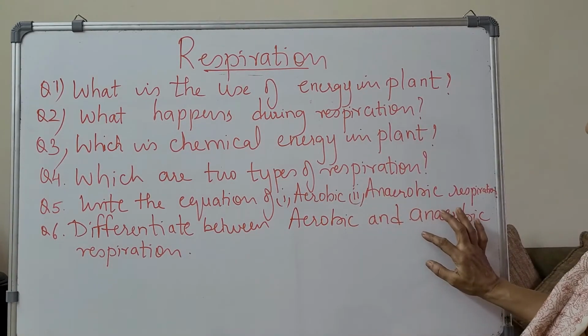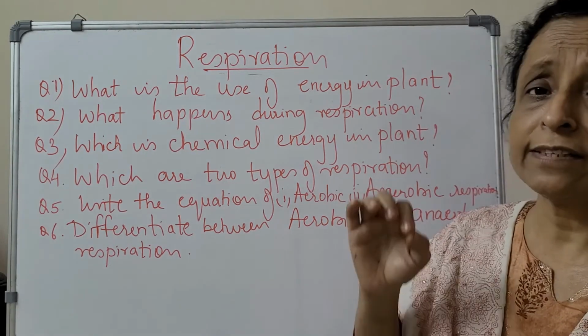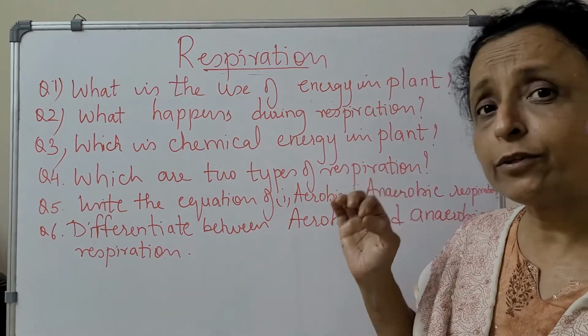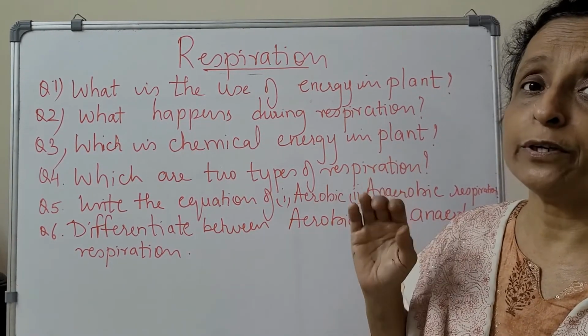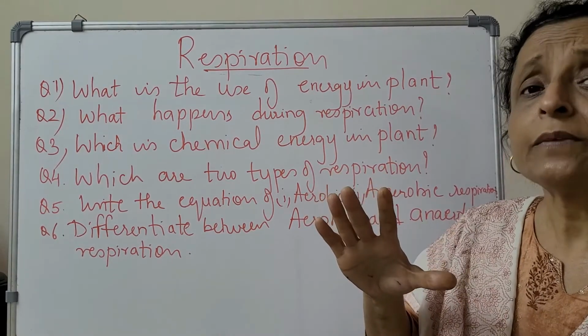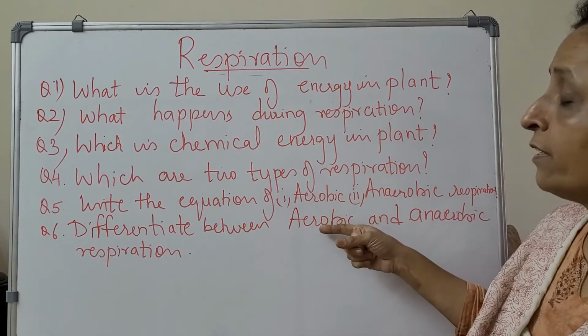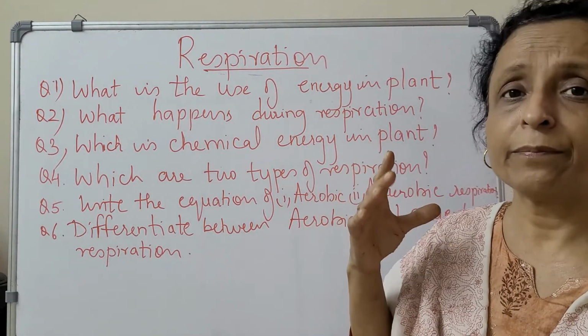Now, the second type of respiration is anaerobic. Here also C6H12O6 is reacted upon by the enzymes. Here ethanol is produced. Now, ethanol is not produced in aerobic respiration. Ethanol is produced in anaerobic respiration.